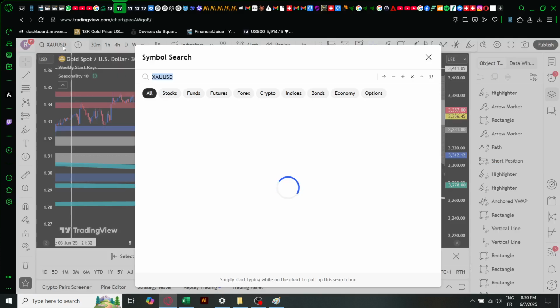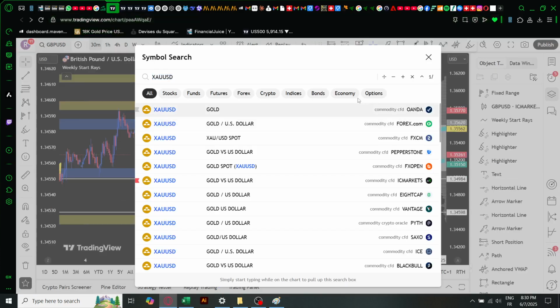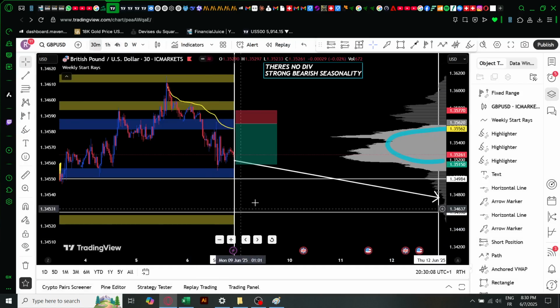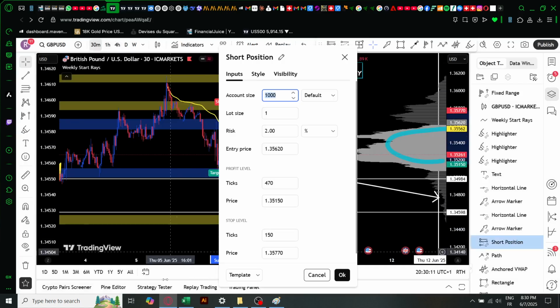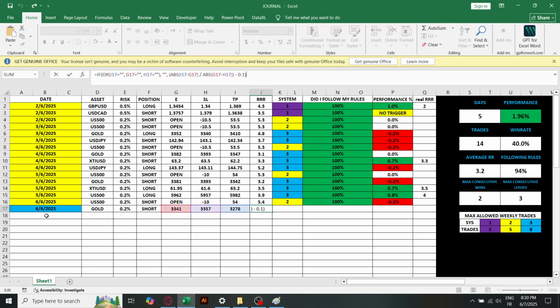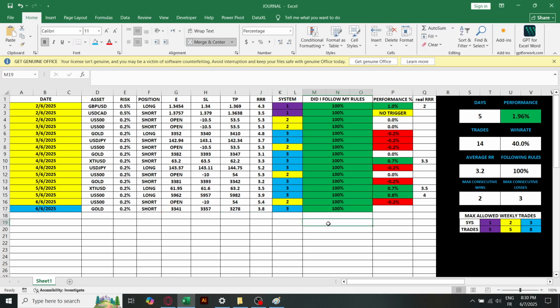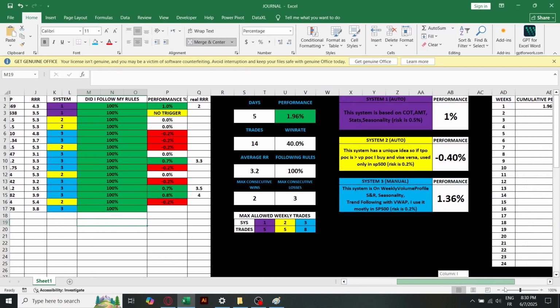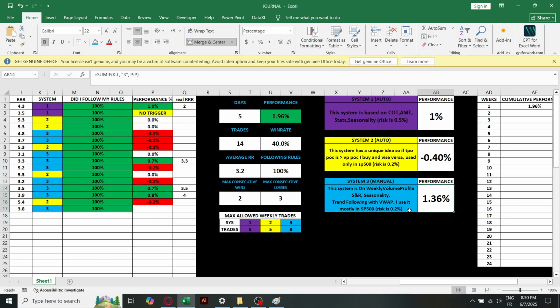So let's move to the next one, which will be here on the pound. Let's put system 3 and 100%. If I put anything in here, let's say 5, it will be calculated here.